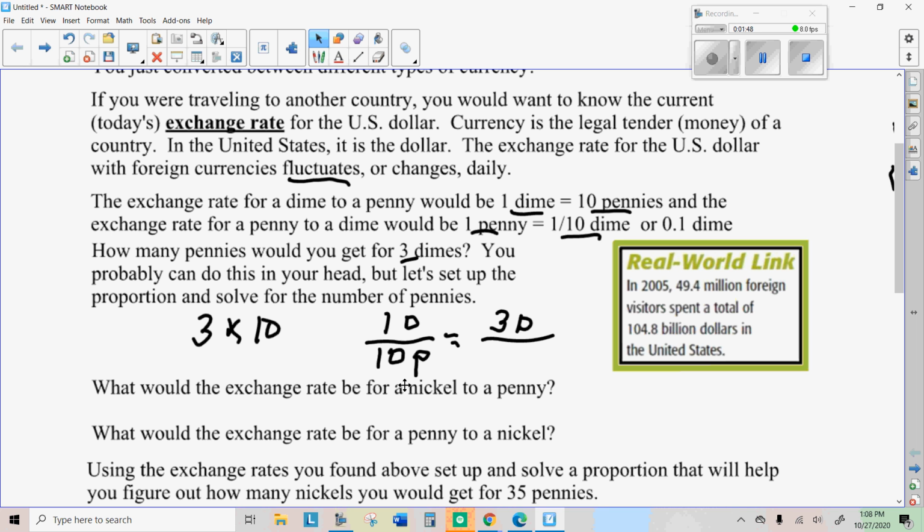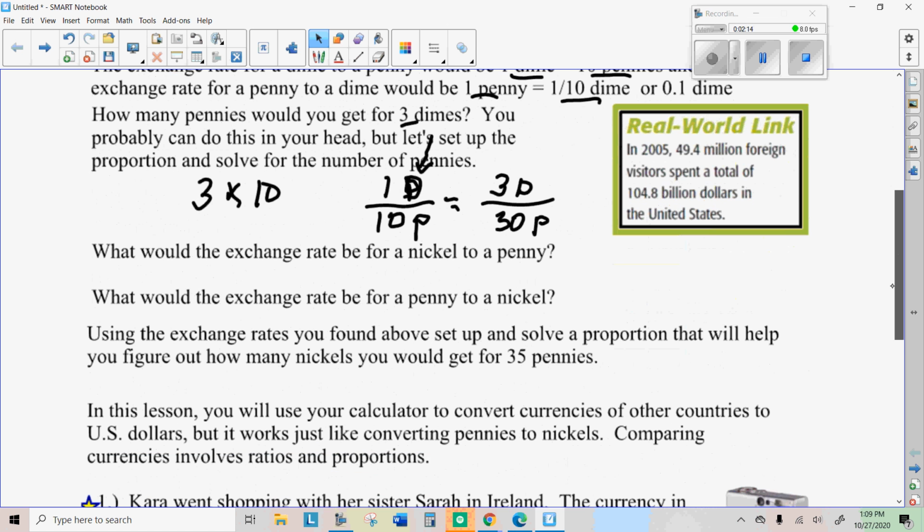And then we would just do the math. 10 times 3 is 30, divided by 10 is... careful how you write it, I just thought that was a 10. So, 30 pennies. All right.